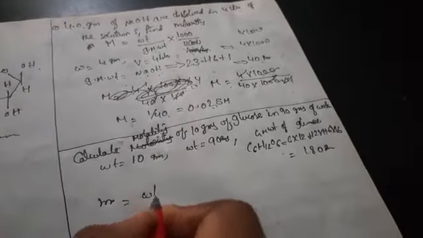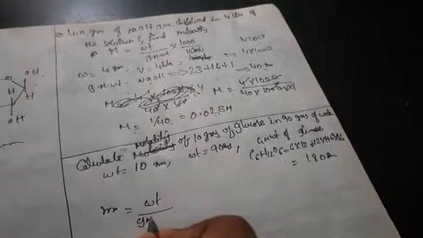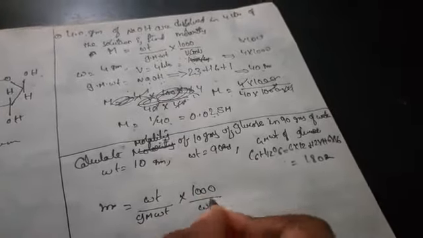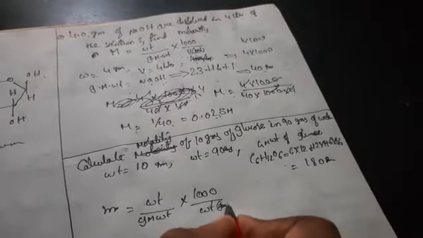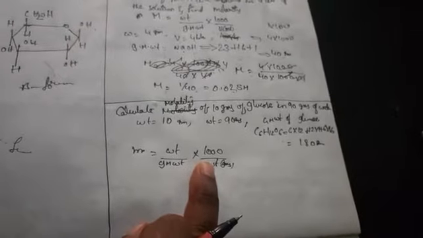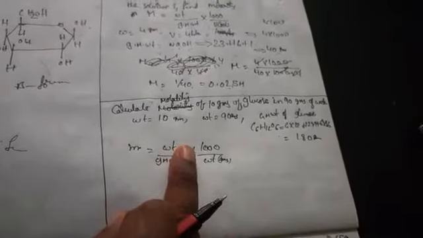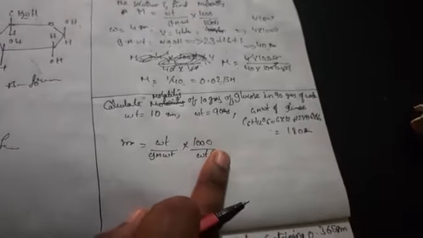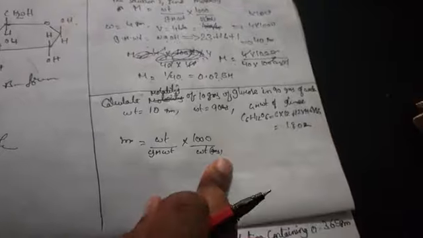Weight by gram molecular weight into 1000 by weight in grams. What is the definition of molality generally? The number of moles of solute present per kg of the solvent, or present per 1000 grams of the solvent.